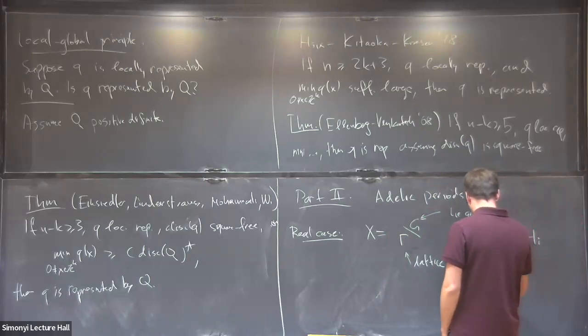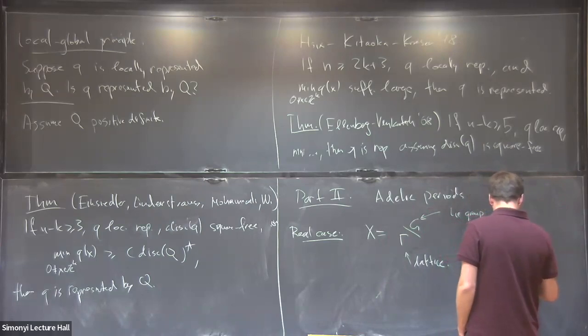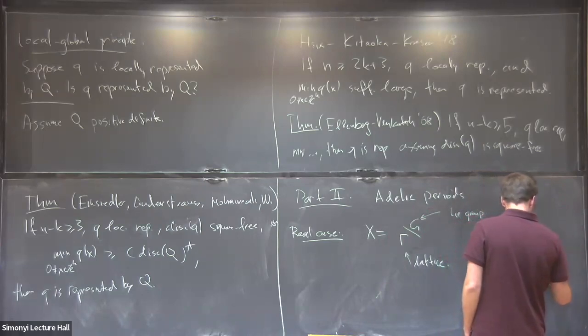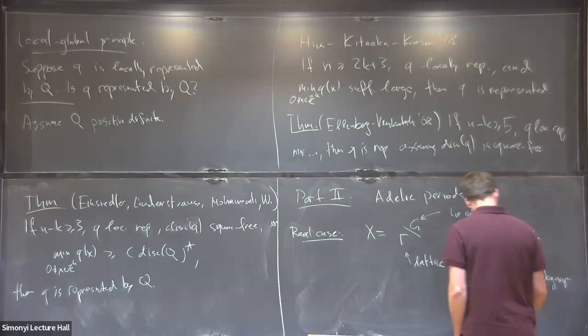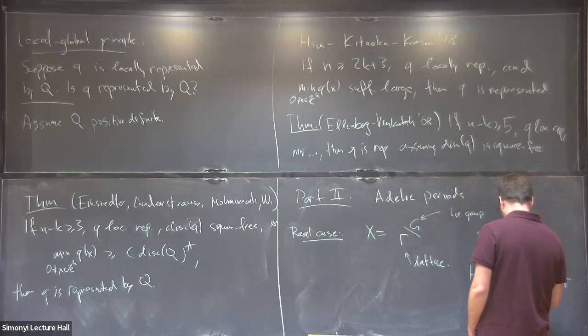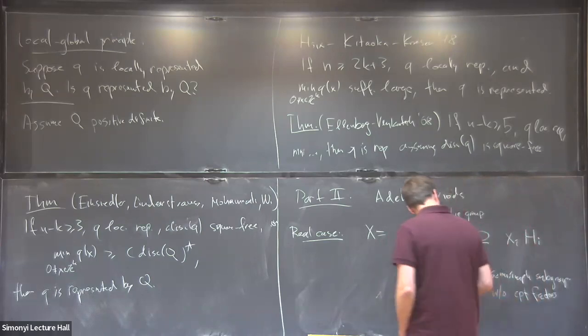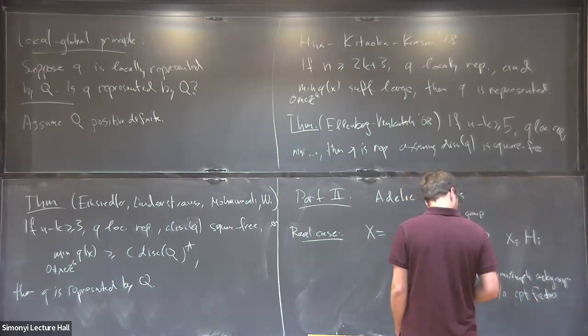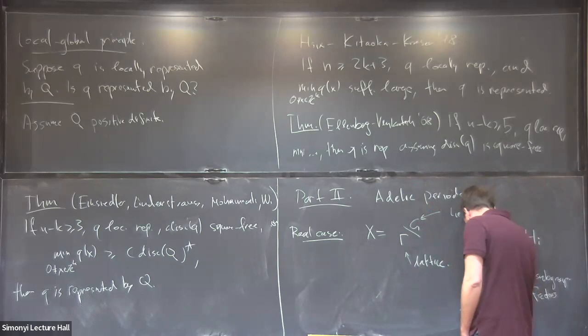So for me, the H_i would be semisimple subgroups with no compact factors, and the orbits are periodic.